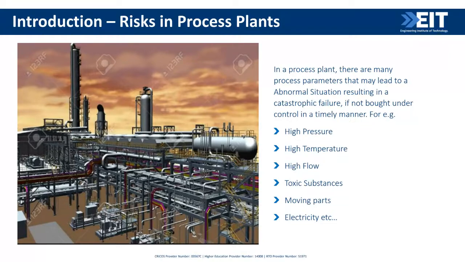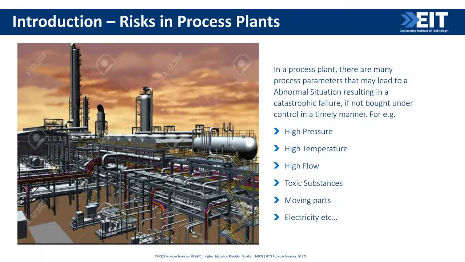In a process plant, there are many process parameters, right? They may lead to an abnormal situation if they are not controlled properly and in a time-effective manner. Some examples of these process parameters are high pressure or temperature, flow, toxic substances, moving machinery, electricity, and all that.